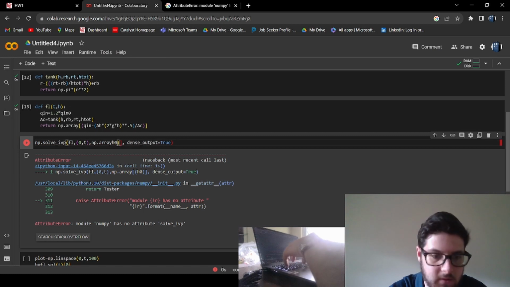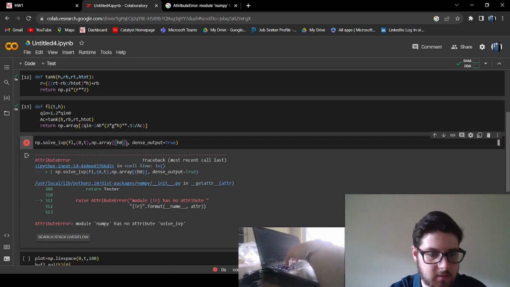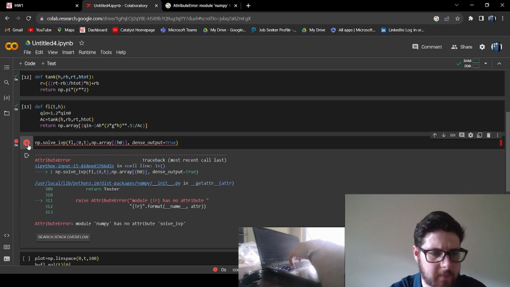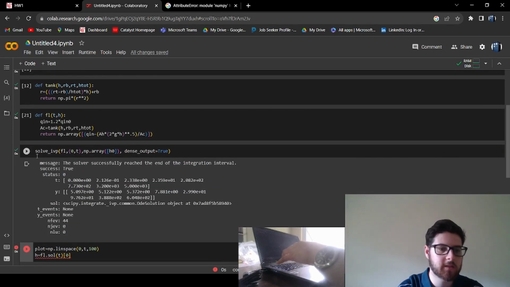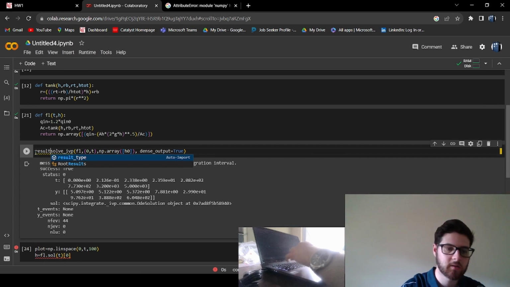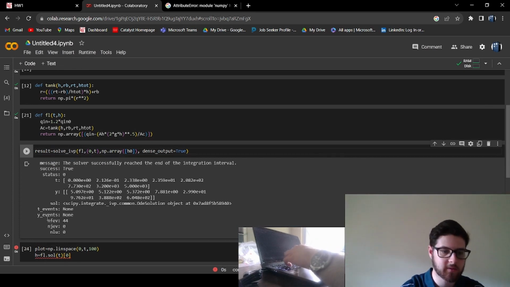Backwards. It's supposed to be bracket, then parentheses. No? Is that not right? Also, I did some reviewing. Apparently, I'm supposed to set this equal to some sort of result, is equal to solve.